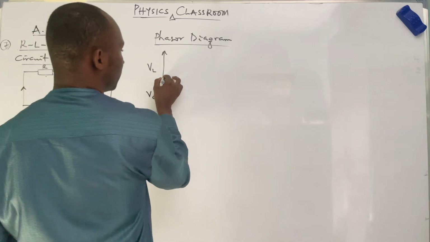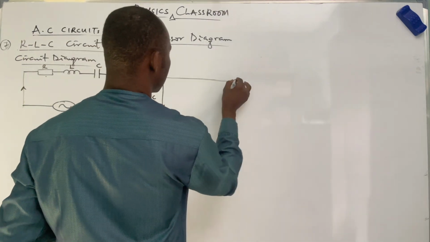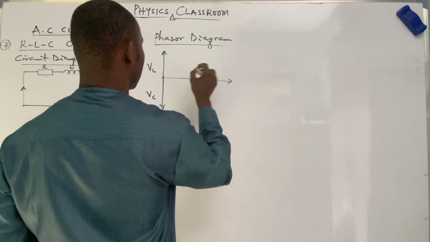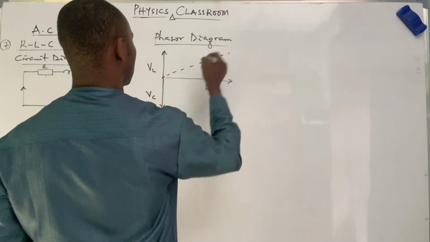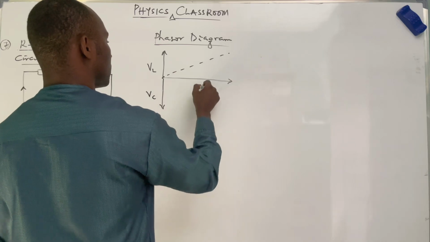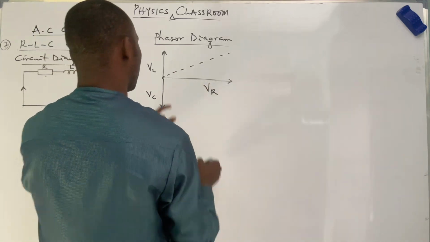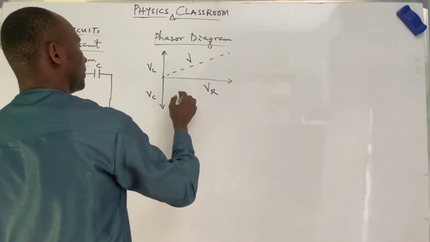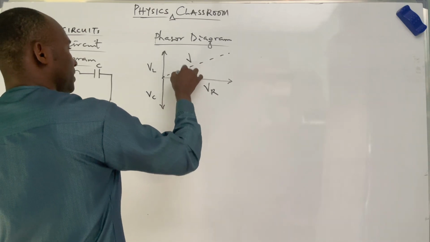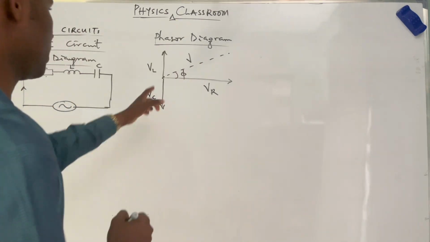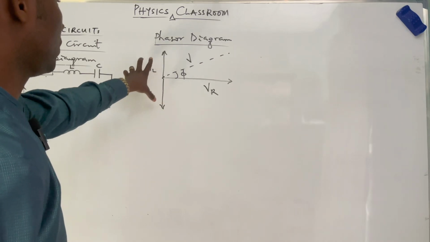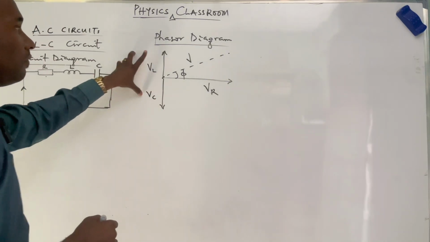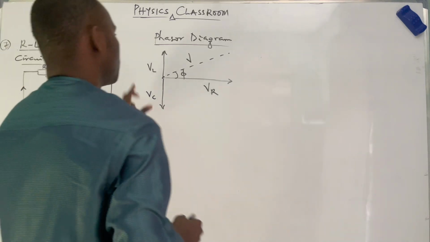So we have the R, resistor, like this. Then we have the VR like this, and this will be our V. Here we have a phase angle. So this is a representation of the voltage triangle. So that's that about that.